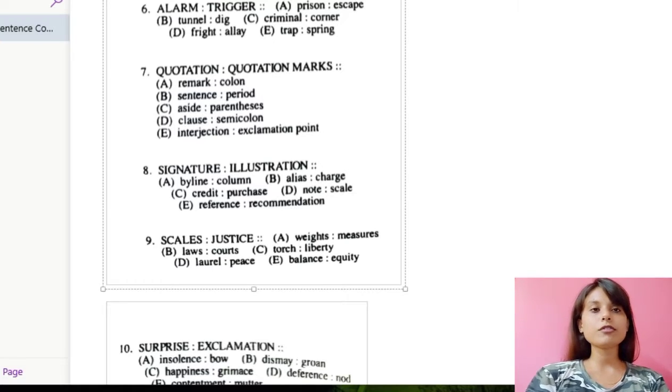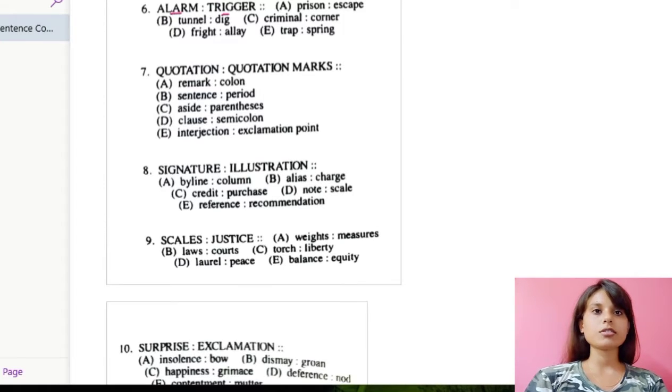So in these kind of questions, you would be given a question like, as you can see over here, the first question, alarm and trigger. In the other questions also you will be able to see that they have given block letter based questions. What you need to do is first understand the meaning or the relationship between the two words provided in the question.